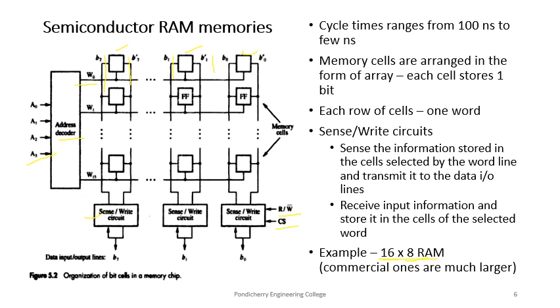When you read the information stored in the cells, you have to place an appropriate address to select that particular word line, and these bit lines are used to transmit the data from the selected word line to the data IO lines. Similarly, they receive the input information and store it in the cells of the selected word.